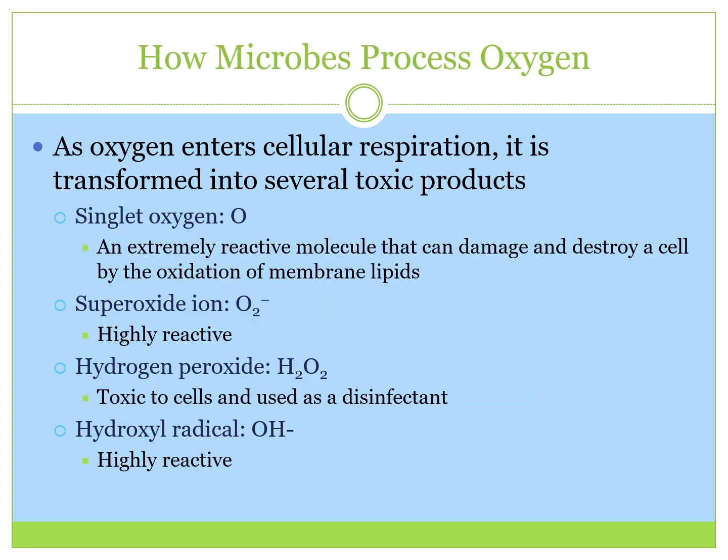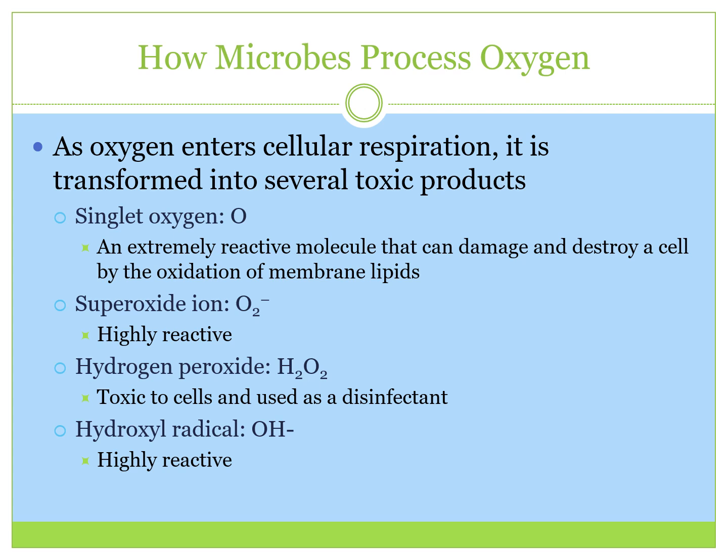When oxygen enters cellular respiration, it can be transformed into several products that, for some microbes, some organisms, can be toxic. You do not need to remember both the name and the chemical formula, just know one or the other, because both will be on the exam, but together, of course.